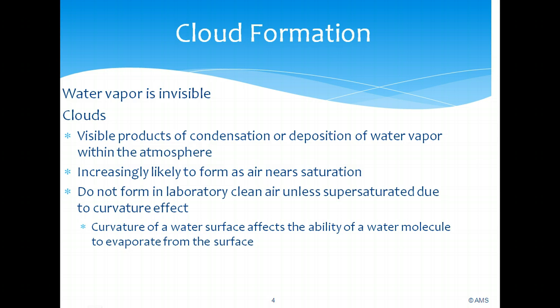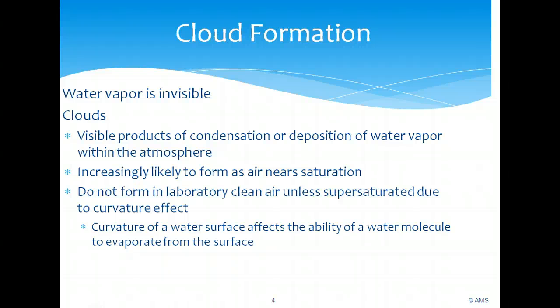This seems to affect the strength of the bonds between water molecules and also the vaporization pressures and a variety of other chemical factors associated with the water. The bottom line is that in clean air, water vapor will not condense into tiny water droplets unless the air is supersaturated to very high levels.